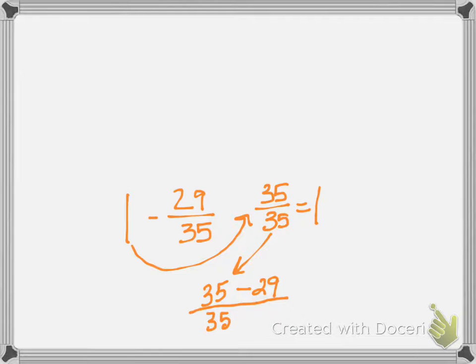When I take that away, I know that 35 take away 29 is equal to 6 all over 35. So my answer to this one is going to be 6 35ths.